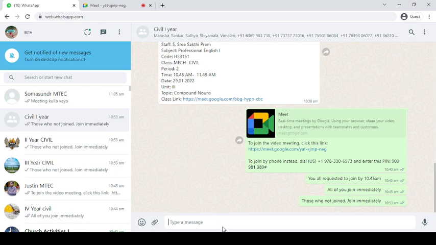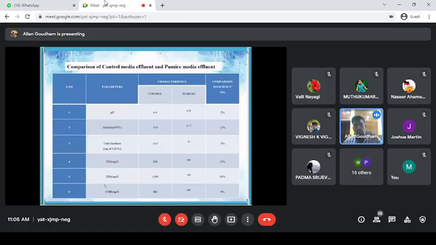After observing the effluent, before testing, we introduce the water into the control media as well as the pumice media. We can note the changes.